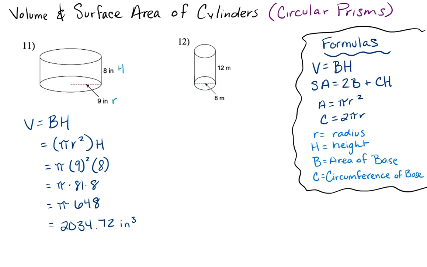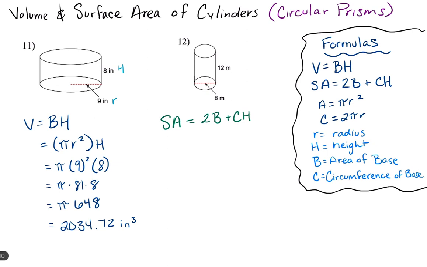For surface area, we're really only going to need to define what r is and what the capital H is. So let's get this written out: 2 times the area of the base plus the circumference of the base times the height.